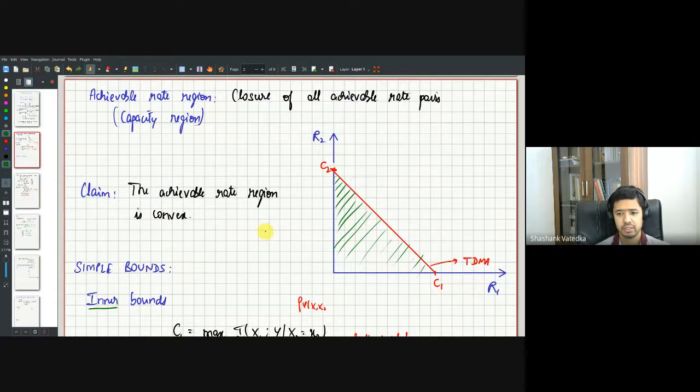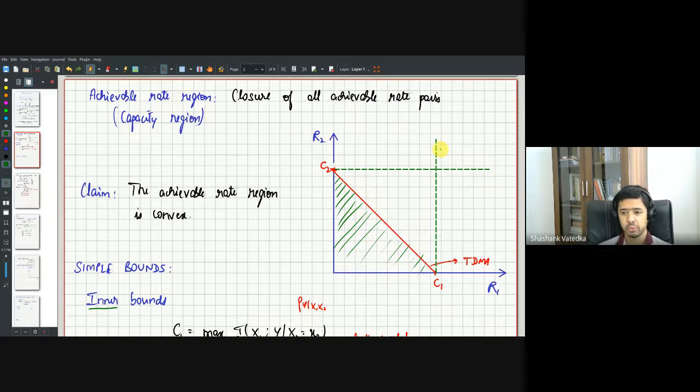So let's look at outer bounds. Certainly, I claim that R2 can never exceed C2. Do you agree? R2 cannot exceed C2, and R1 can never be greater than C1.